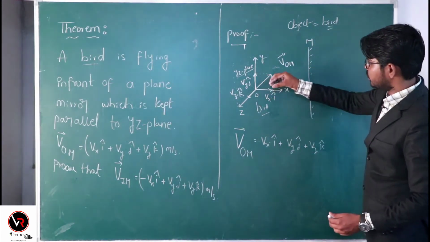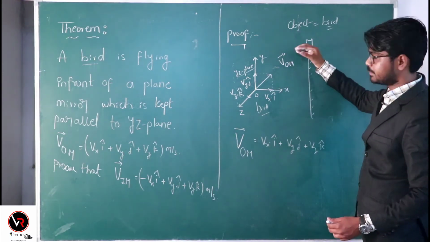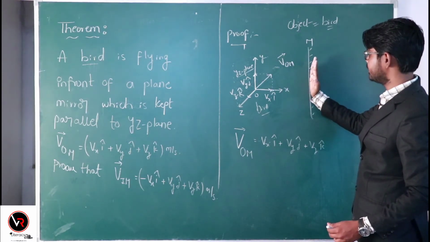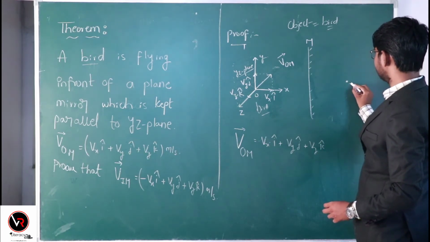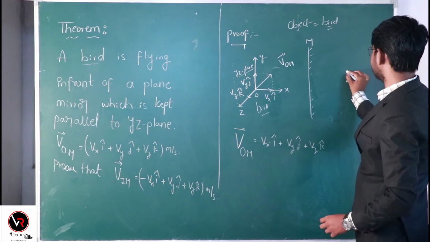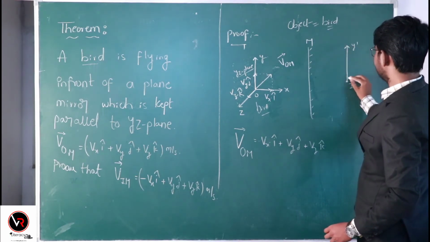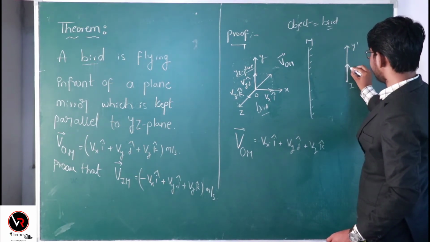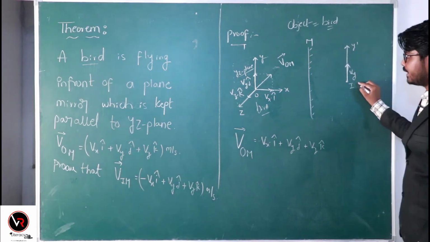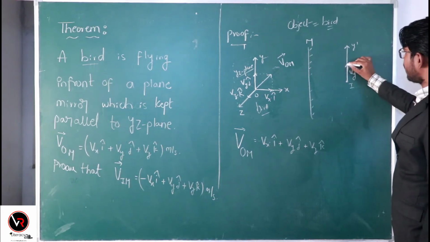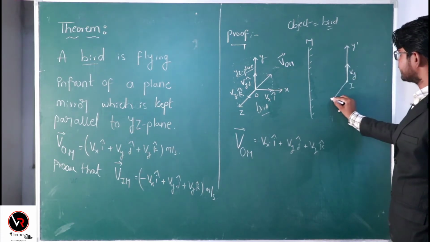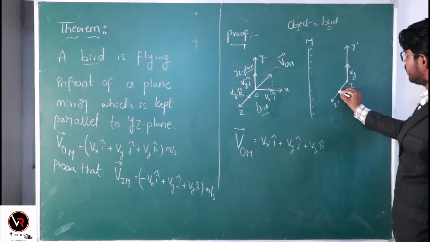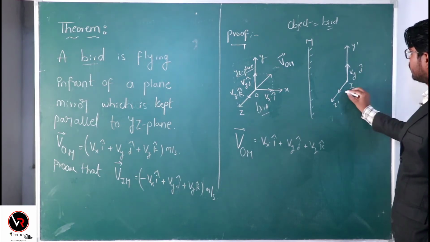When the bird is flying towards the mirror in space, with the plane mirror kept like this, the image of the bird also covers the same Vy along the y axis. Along the z axis, the image of the bird also has the velocity Vz.